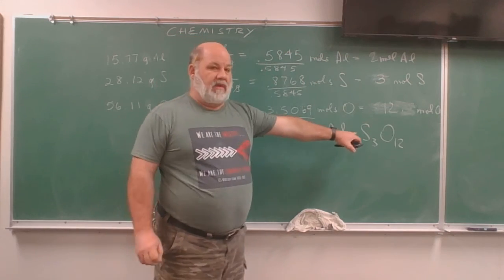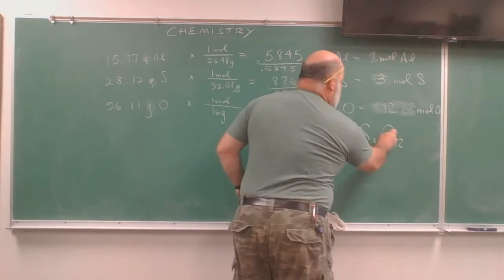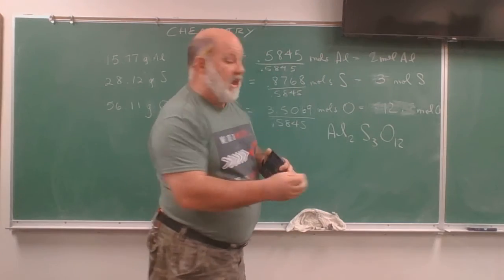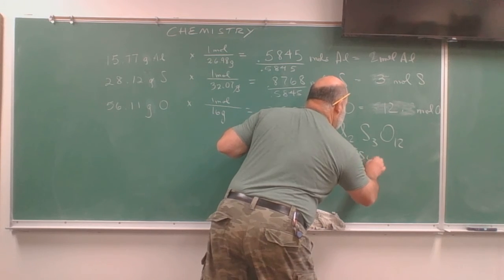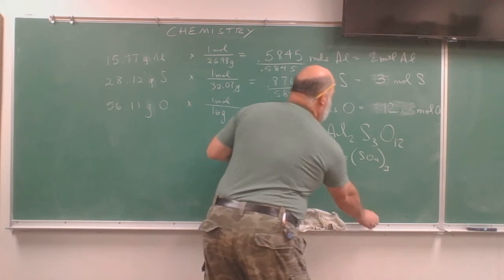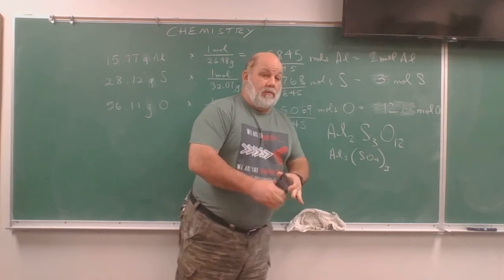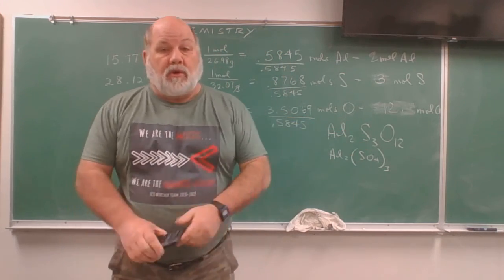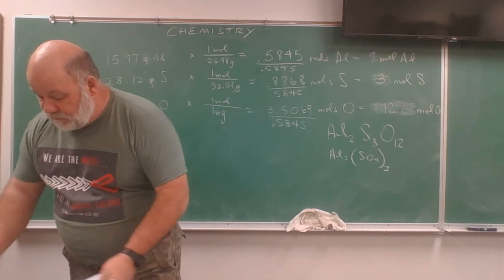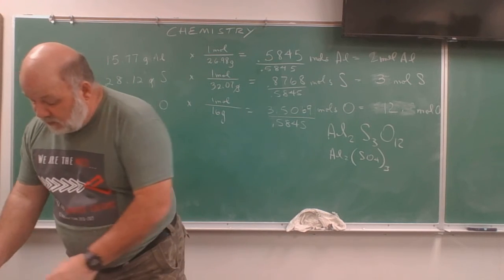Now we don't write it that way because this was an SO4 ion, a sulfate ion. They have it as Al2(SO4)3, and there's 3 of those. But if you put this down as an answer, I would have to accept it. That's perfectly sufficient. We're already past 10 minutes.